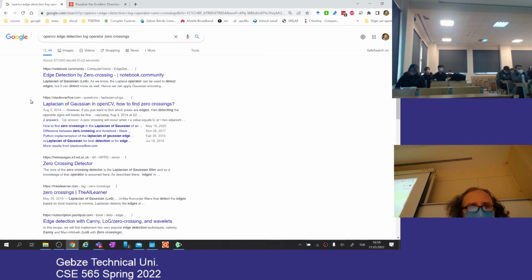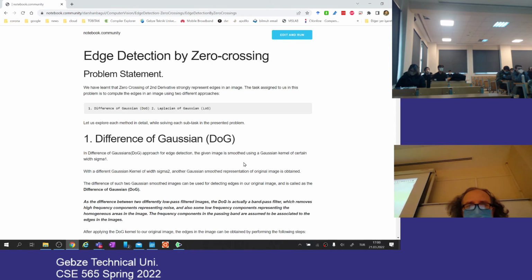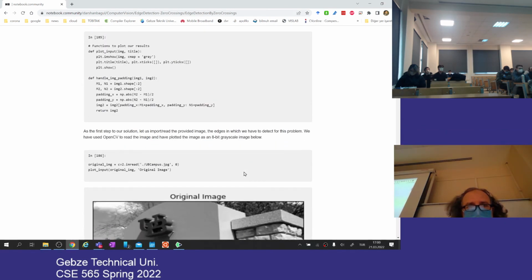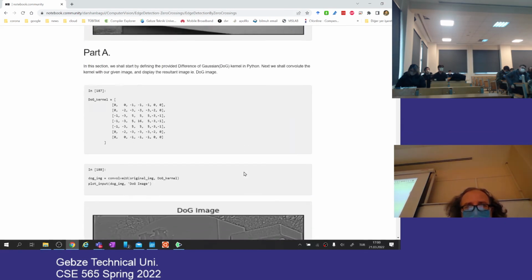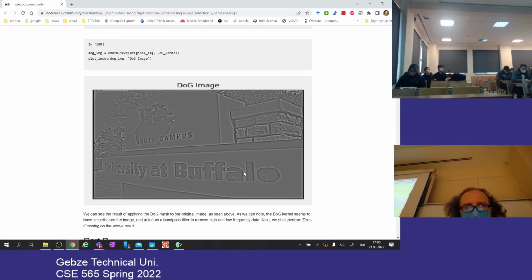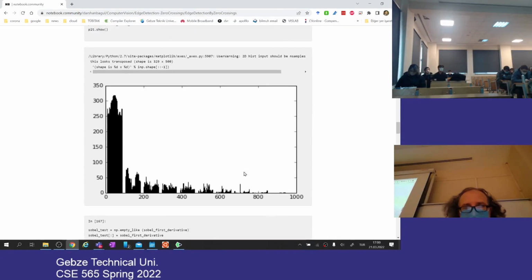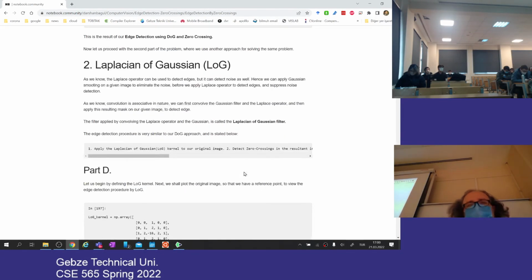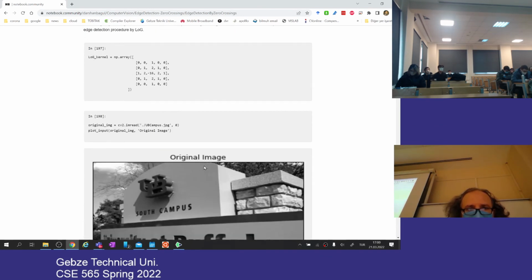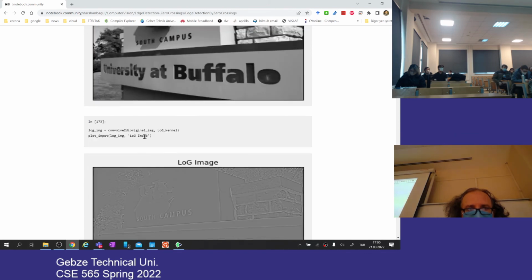Well, let me open it, and then after that I will immediately go back. Original image, difference of Gaussians. It uses OpenCV, but not for everything. Okay, input. Convolve with the LoG kernel.